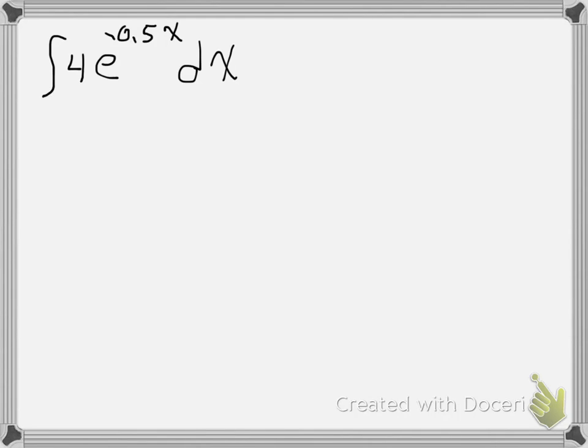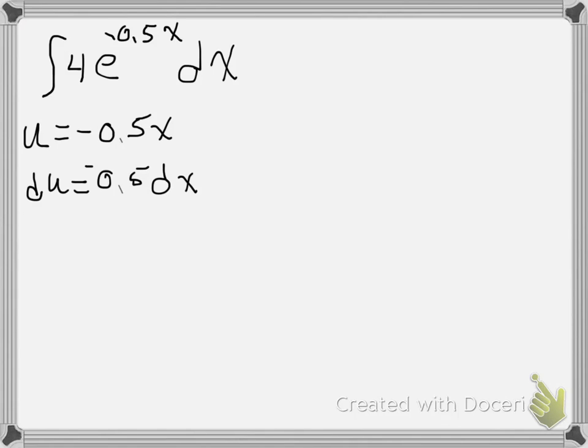But anyway, I would love for this to be just a variable. u equals negative 0.5x. So then du is negative 0.5 dx. But I don't have a 0.5 out there.